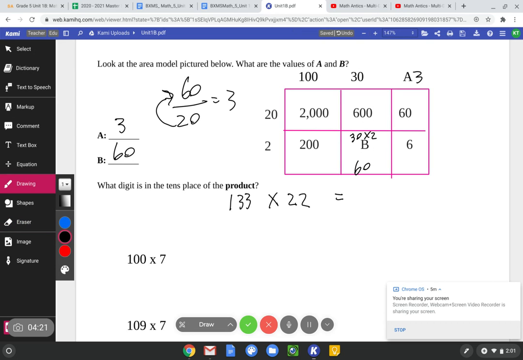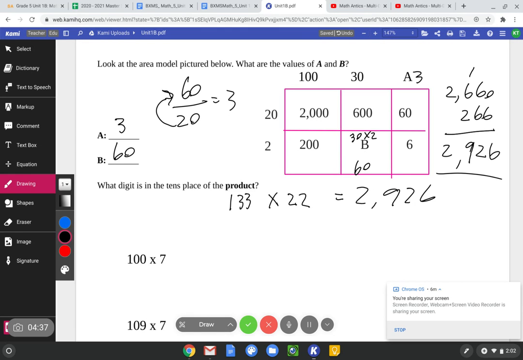So let's add up these components to find the product. When we add up all the numbers from the array, we get 2,926. That is the product. But which one is in the tens place? That's going to be the 2, which represents the 26. So the number that's in the tens place is 2.